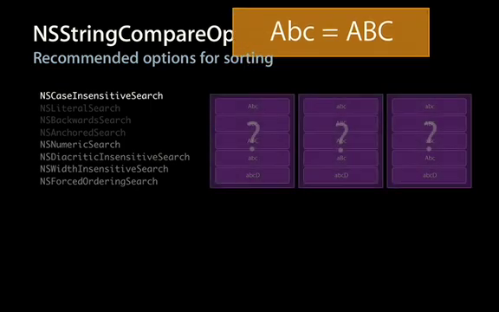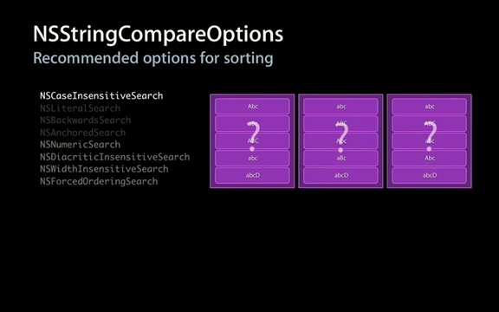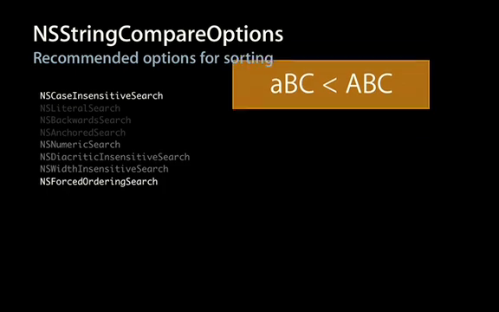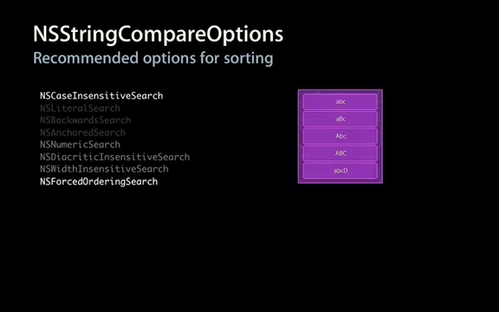So the sorting result could be random, because ABC presented here are all the same as a string. By specifying the NSForcedOrdering option, after NSString determines strings are equal due to one of the insensitivity options, it retries to get a forced ordering. So this comparison becomes ordered, and the result is always stable.